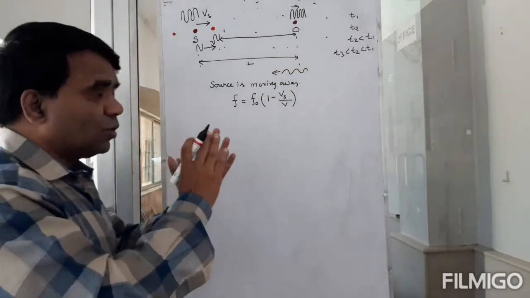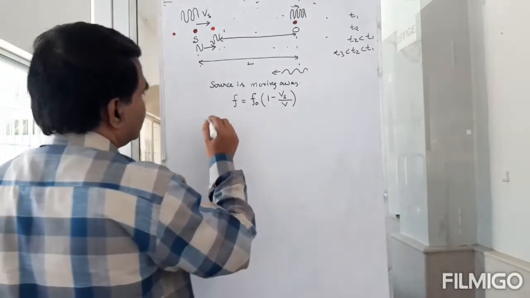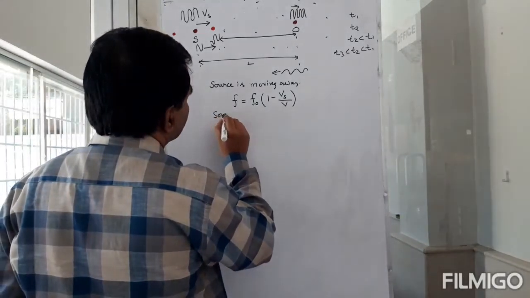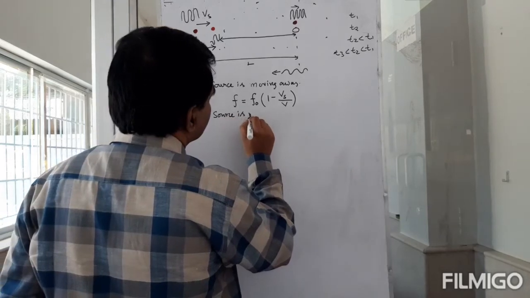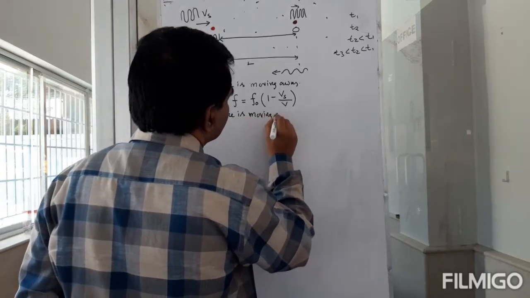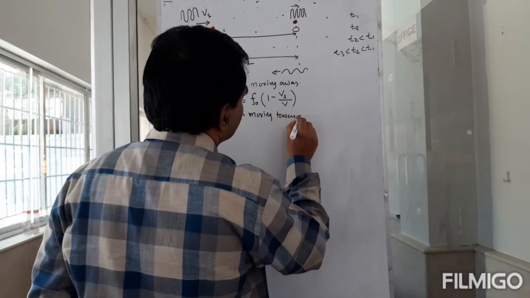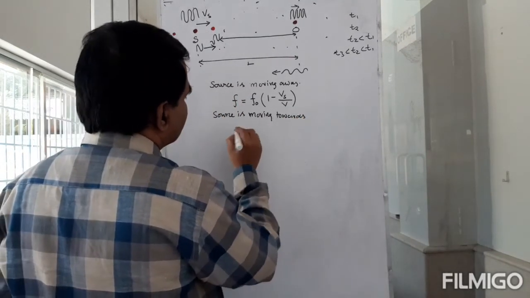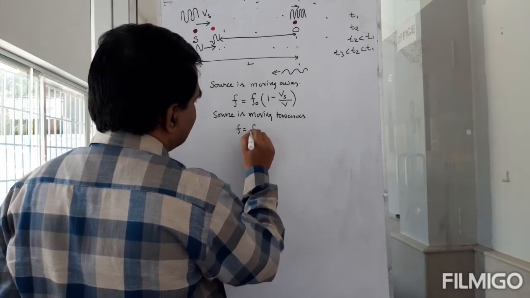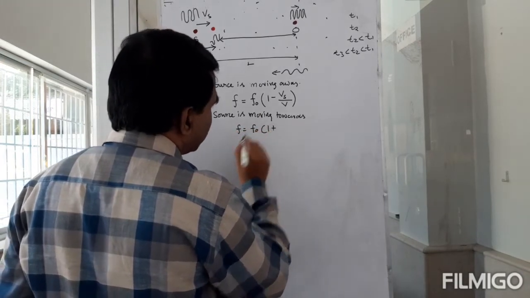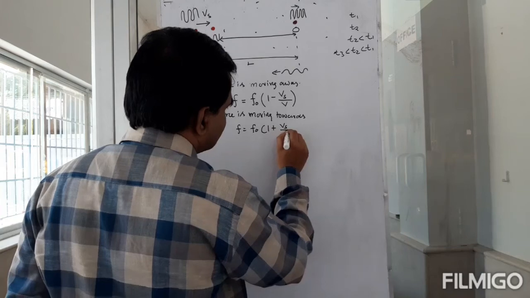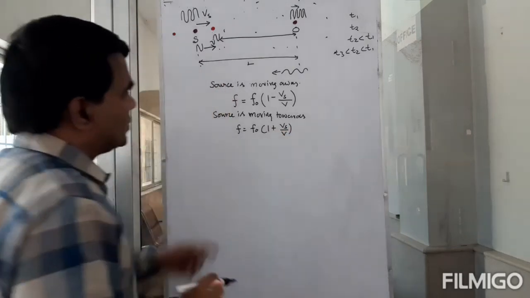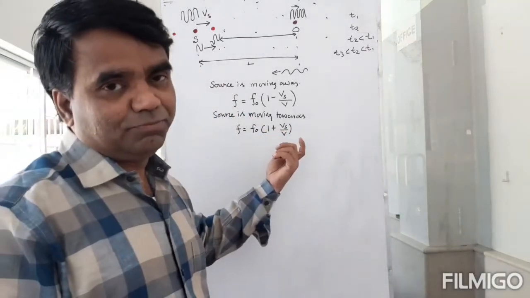Likewise, when the source is moving towards you, then f is given by f0 into 1 plus Vs by V. So this is going to be greater.